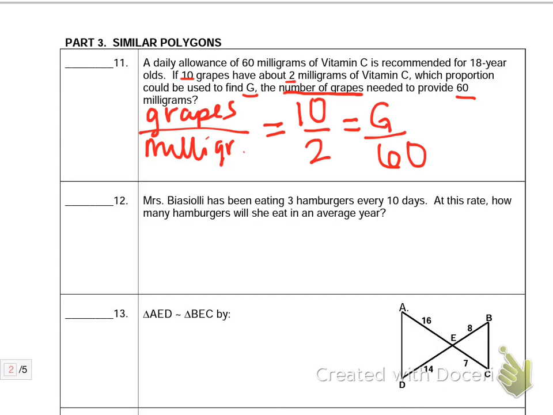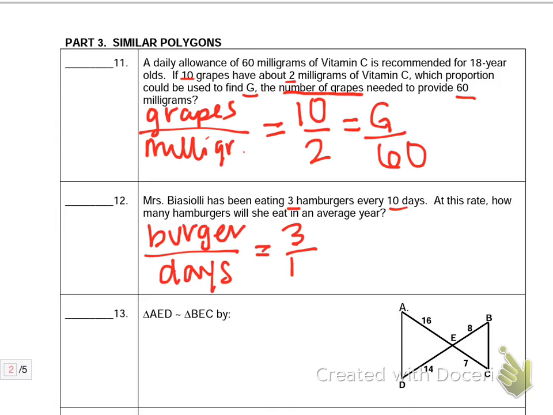Number 12. Mrs. Basali has been eating 3 hamburgers every 10 days. At this rate, how many hamburgers will she eat in an average year? Okay, this is similar to question number 11. So we have burgers over days. And so we know that she eats 3 burgers every 10 days. So we have 3 over 10. And we want to know how many burgers she will eat in an average year.